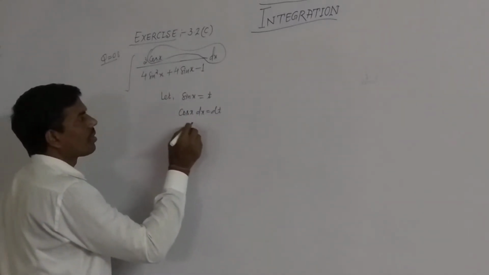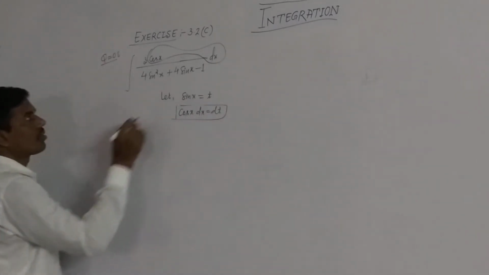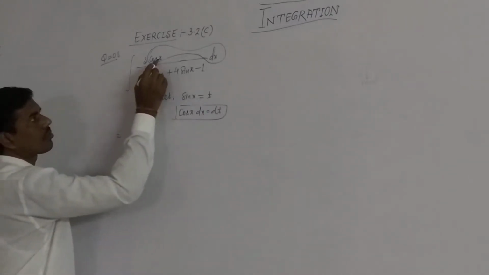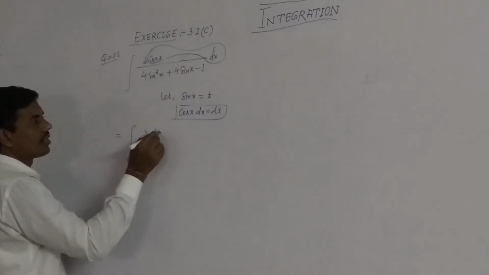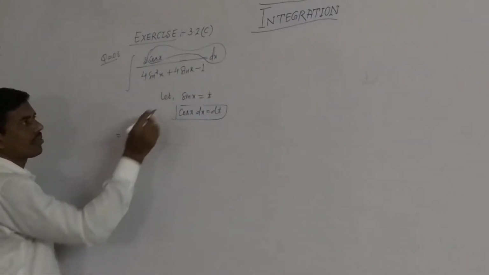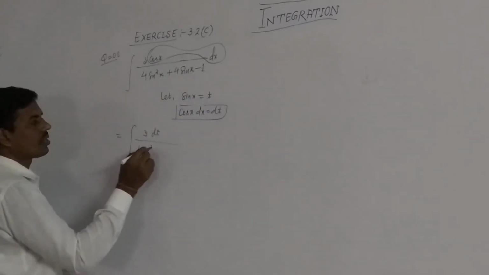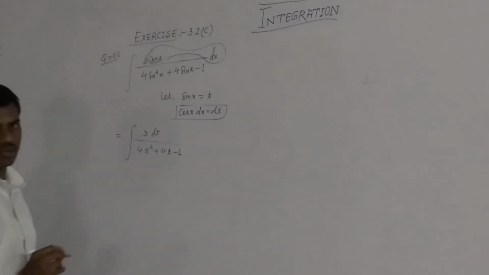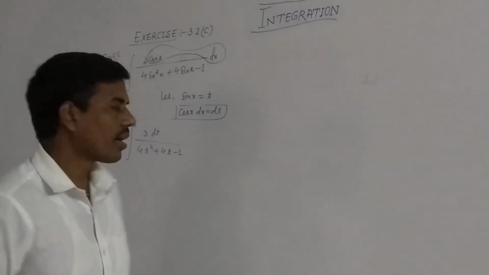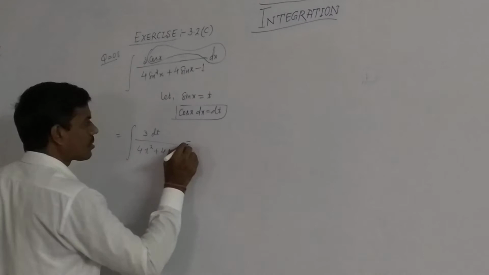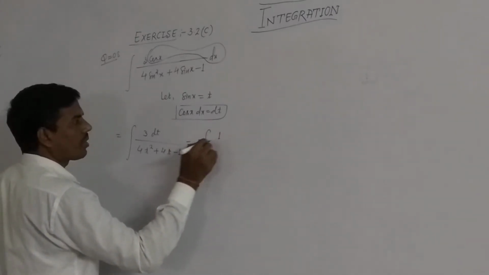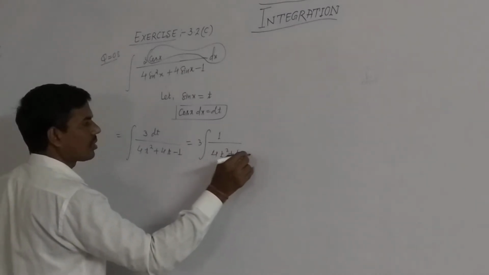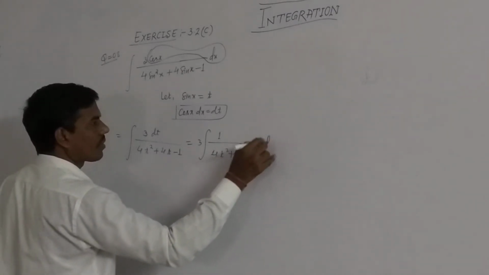Taking the integration, this is equal to 3 into dt upon 4t square plus 4t minus 1, so we can write it as 3 into 1 upon 4t square plus 4t minus 1 dt.